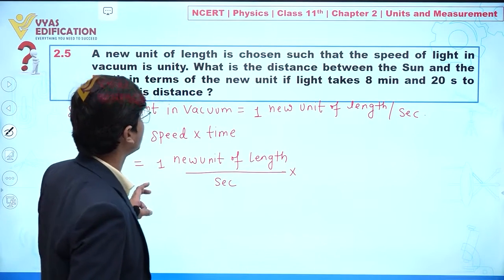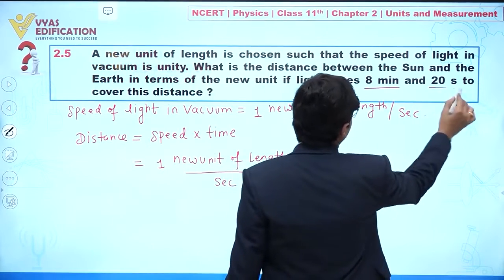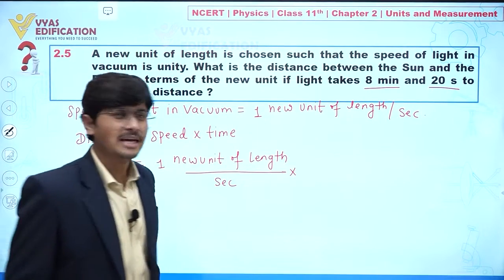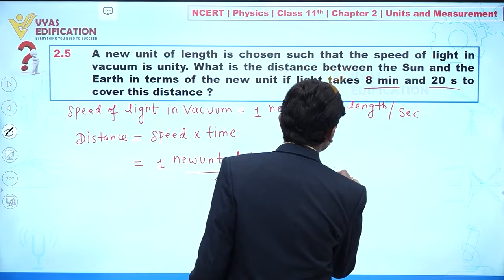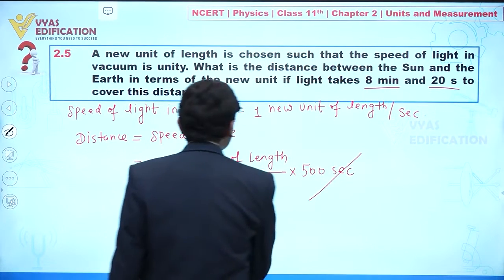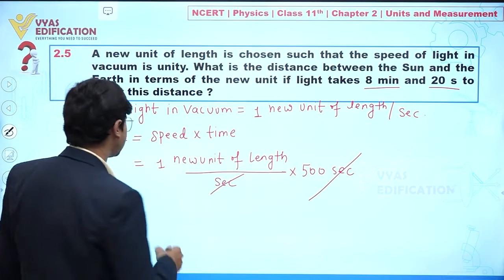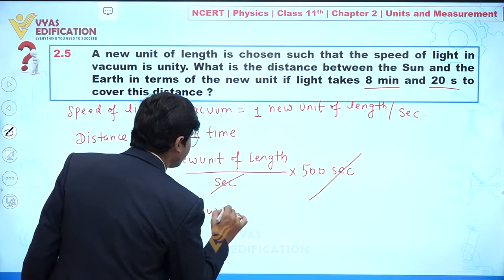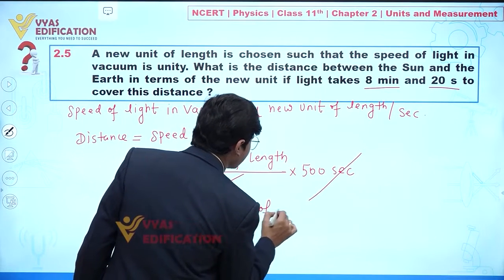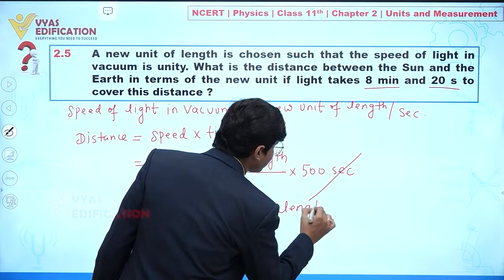Time is given 8 minutes 20 seconds. So 8 minutes means what? 480 seconds. So total we have 500 seconds. So from here we can see second and second, this one is cancelled out. So we can write like this, this is equal to 500 times of new unit of length. So this is all about this question.